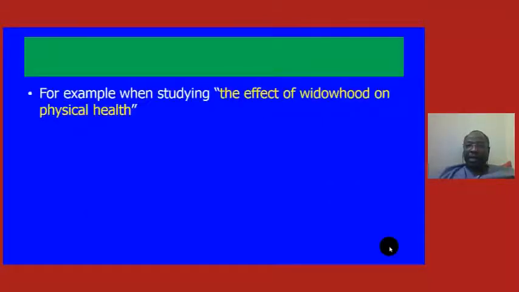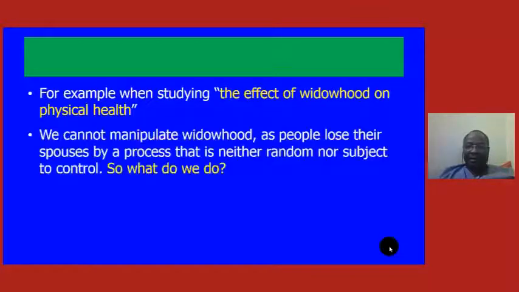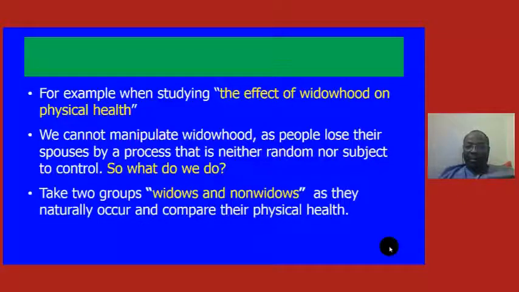For example, when studying the effect of widowhood on physical health, we cannot manipulate widowhood, as people lose their spouses by a process that is neither random nor subject to control. So, what do we do? We take two groups, widows and non-widows, as they naturally occur and compare their physical health.